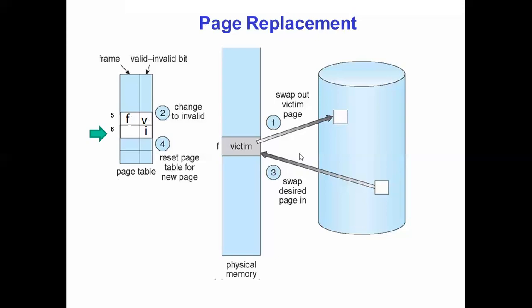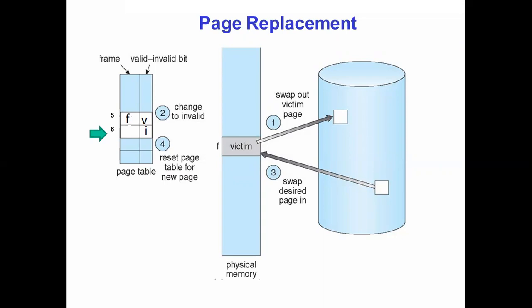And here you can see this is called the physical memory. In this case we can say this is the victim, meaning there is a page fault condition. There is no page for a particular process, so we have to wait here, and the operating system will use the page replacement algorithm.